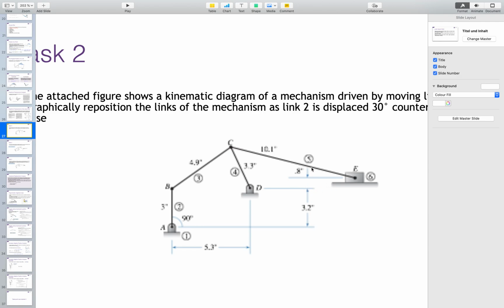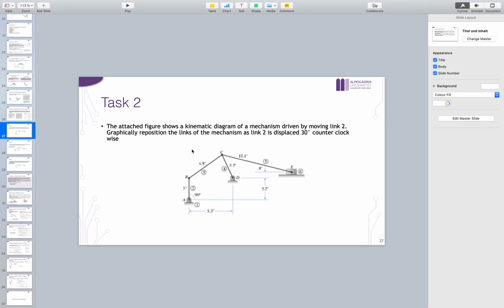We do have these dimensions, and we do have the angle there. The question is the graphical repositioning of the links of the mechanism as link 2 is displaced 30 degrees counterclockwise. So if I move this 30 degrees, how would that change the whole mechanism?